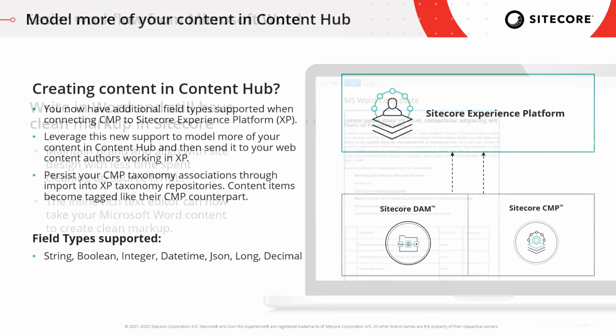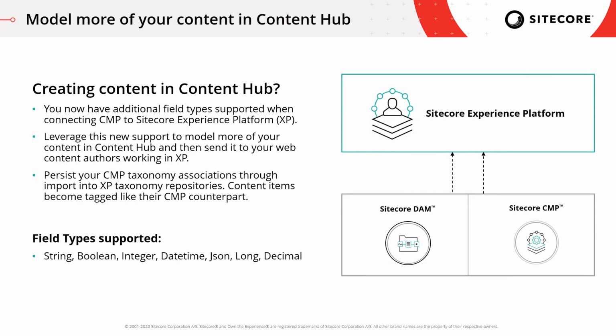Now, for some teams, Sitecore Content Hub is now the central hub for all media content in their DAM, but also content models defined in CMP. Their web channel is only one channel consuming this content. So in this release, we've expanded how much of that content can be managed in CMP and then integrated to the Sitecore Experience Platform.